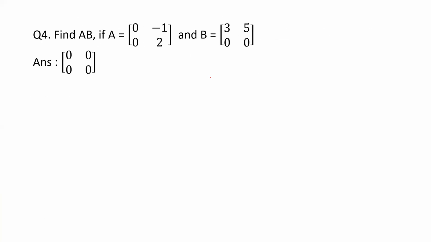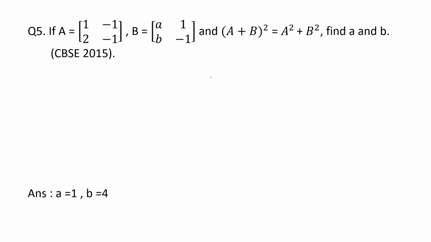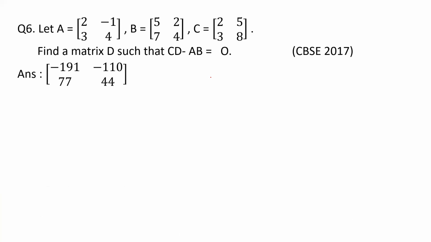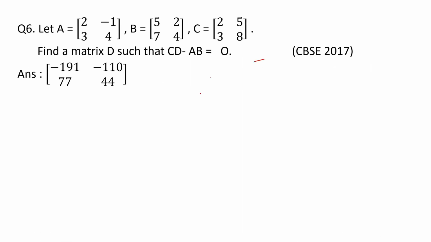This we have done, then we have done this, then I guess we have done this one. Then we will start this sixth one. Here first we need to find a matrix D such that CD minus AB is equal to the null matrix.